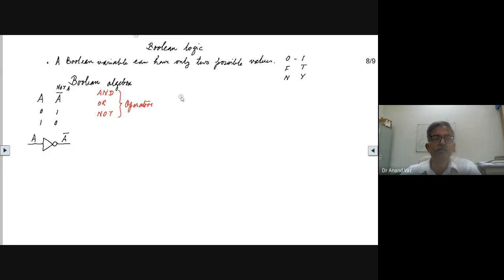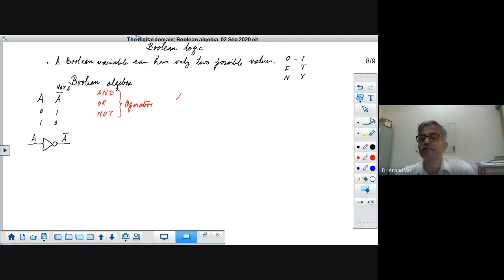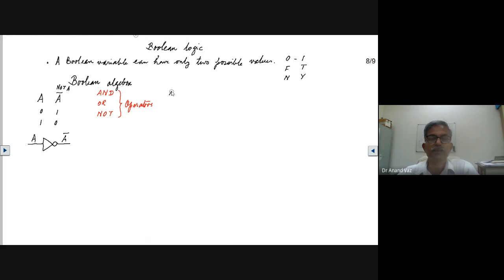Let's look at the OR operation. So for OR operation, we can take A and we can OR it with B. B is another Boolean variable. So you can have certain possible values.